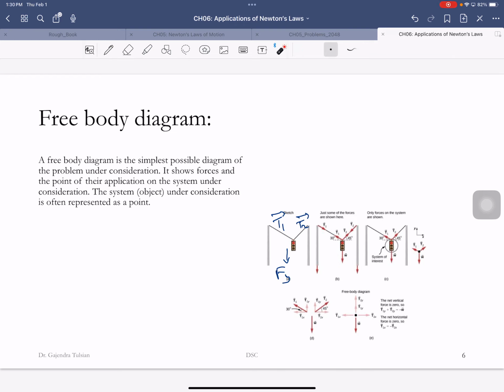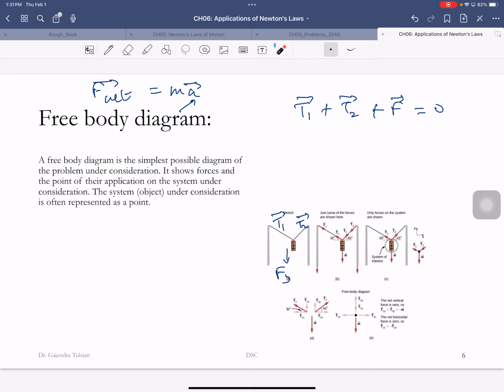If you want this guy to be at rest, what you want is the net force acting on it to be equal to 0. So that's what you want. So that's an application of Newton's laws.